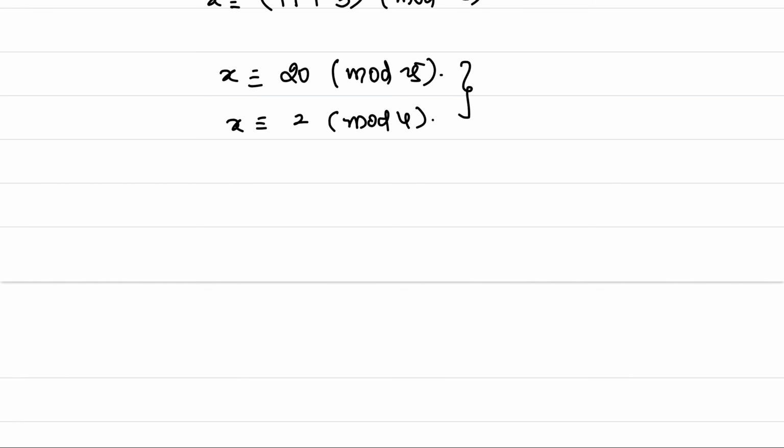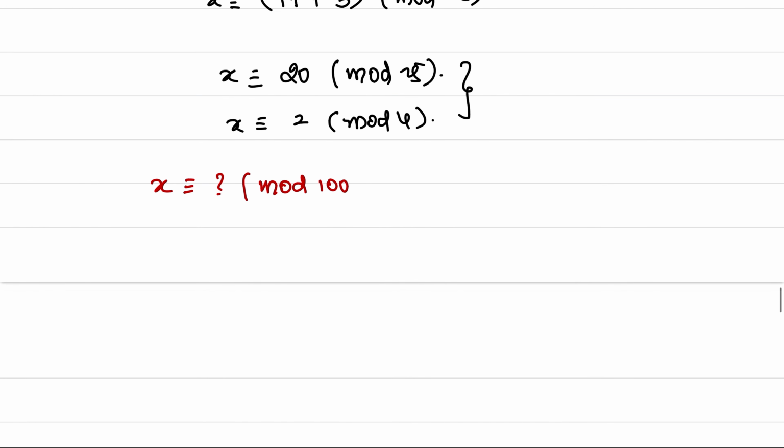And what we want is x equivalent to what, mod 100.